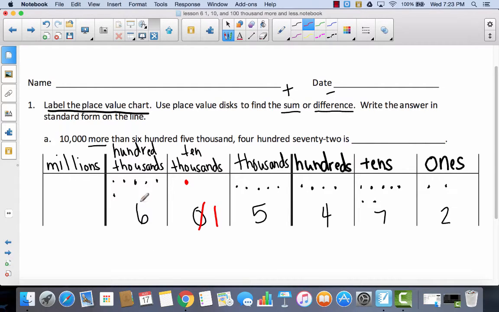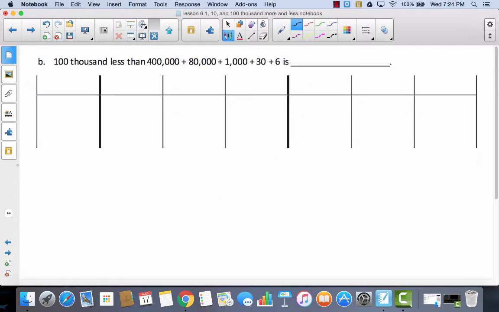Notice, none of the other digits changed. The only digit that changed in this case was the 10,000s. Now I'm going to write this answer in standard form on the line, because that's what it tells me to do. My new number is 615, the comma tells me to say, 1,472. Okay, let's try B.